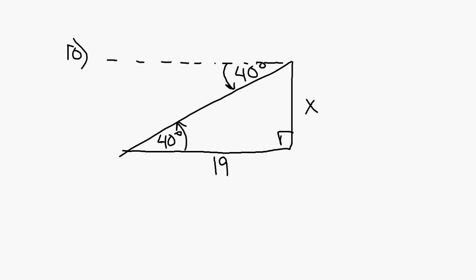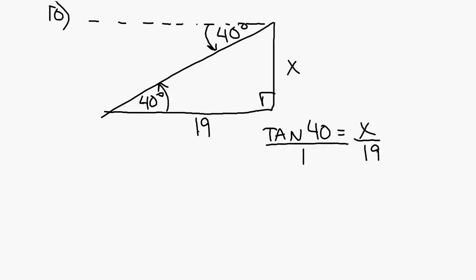Tan 40 equals x over 19. Crisscross multiply, x times 1 is x. Tan 40 times 19. 15.9.